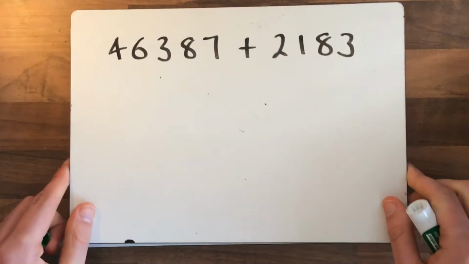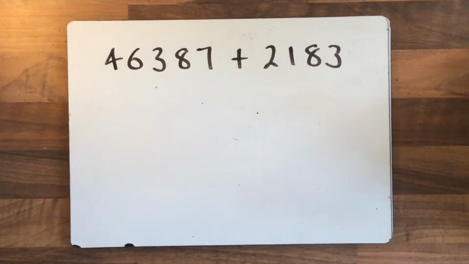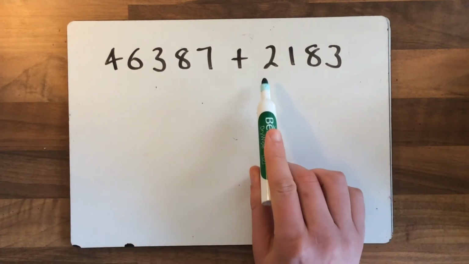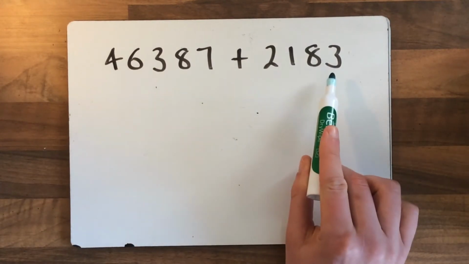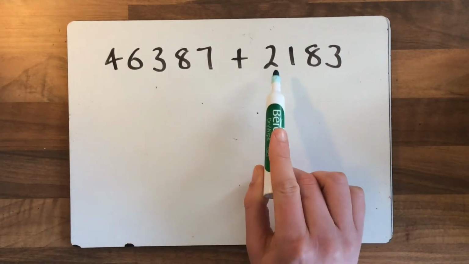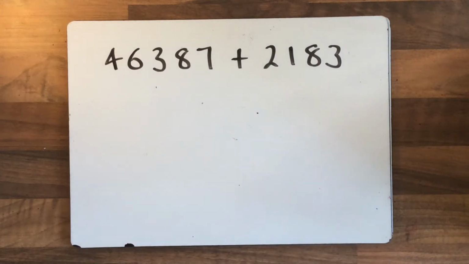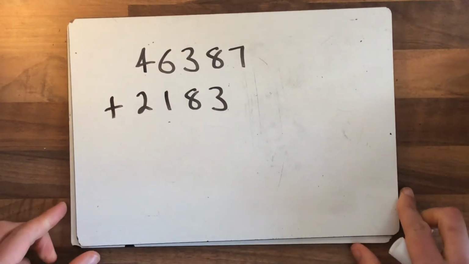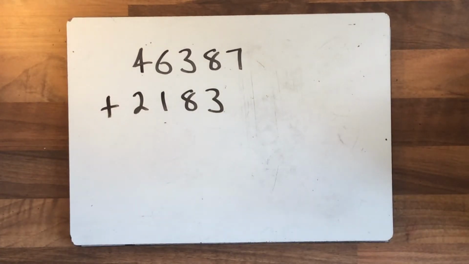So first of all, let's have a look at this addition. So we've got a 5-digit number added to a 4-digit number: 46,387 add 2,183. So I've got those numbers and I've put them here. Now, I just want you to have a look. What error has been made here? It's probably the most common error that we see with these additions.